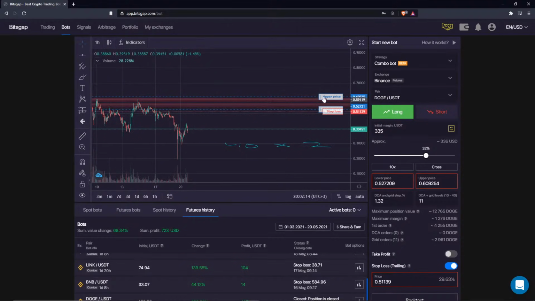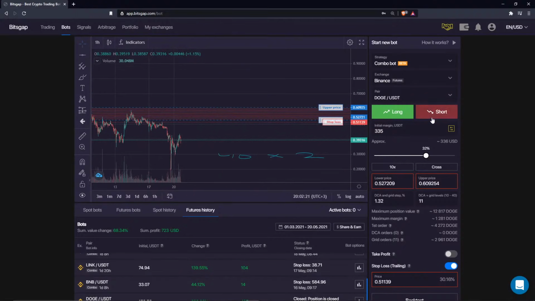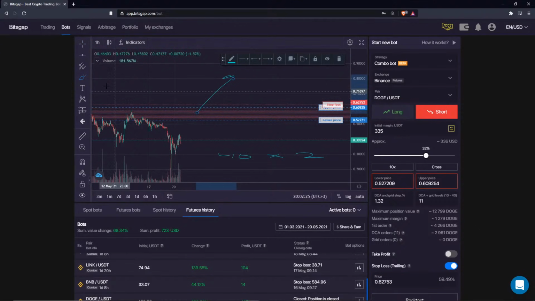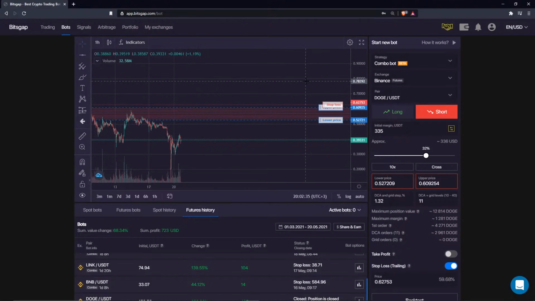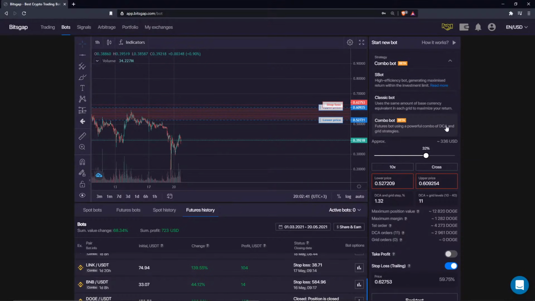And the trading range itself is also trailing automatically. If it's long, it goes up. If it's a short strategy, then it will move downwards together with the price. Initially, we wanted to call it a trend following bot because it follows the trend. It can be uptrend, it can be downtrend, but eventually it's the combo bot because it's the combination of the DCA and the grid strategy.